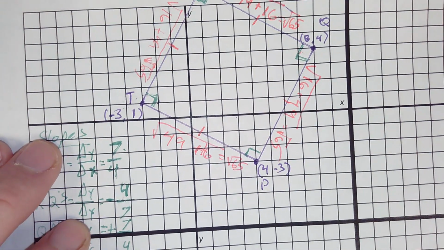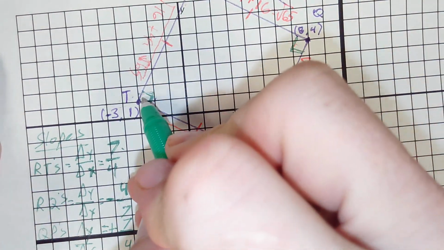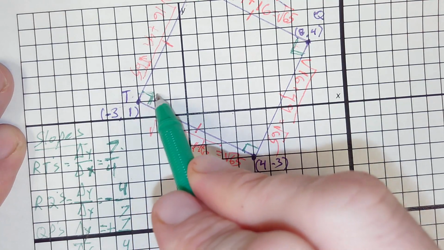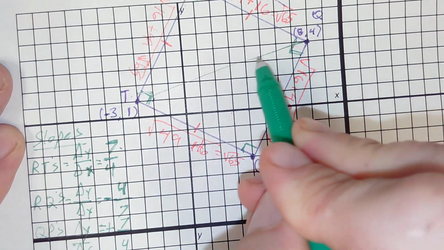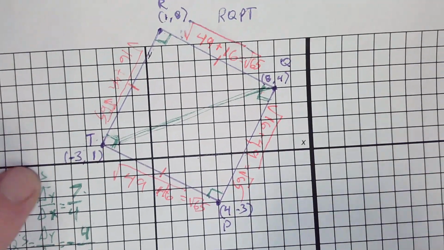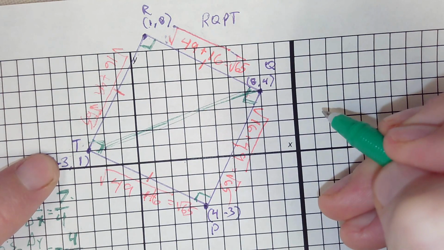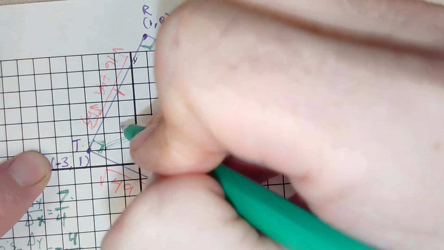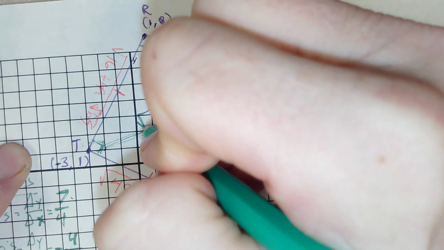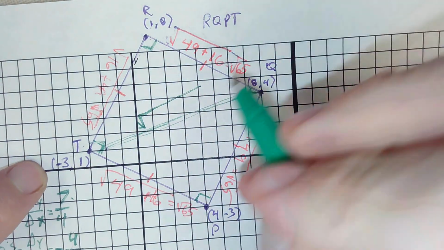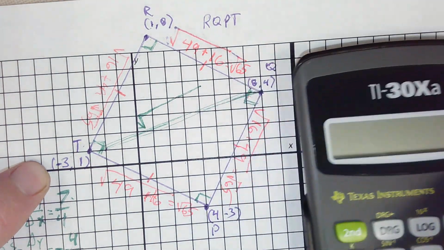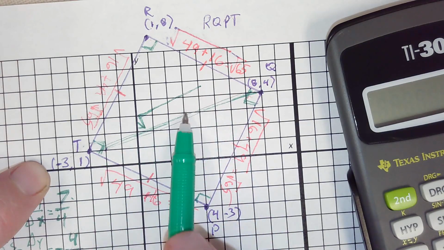But what if you wanted to figure out the length of the diagonal? It would be the same thing. It would just be the square root of your changes in x. How far is the distance between your x's?